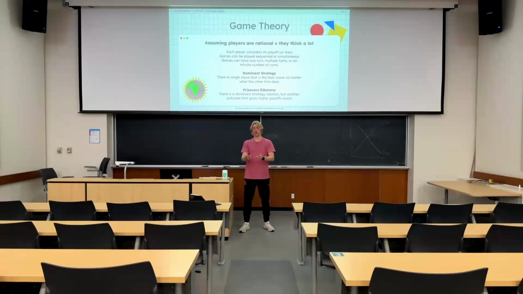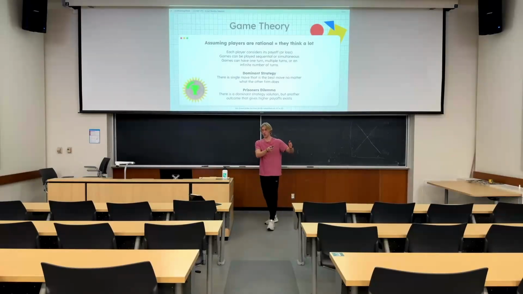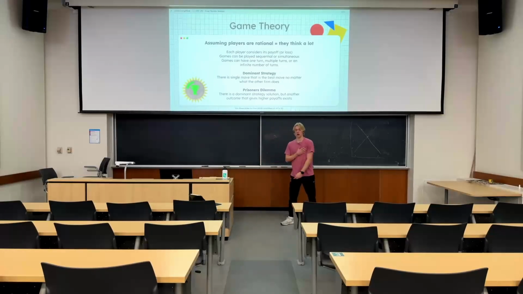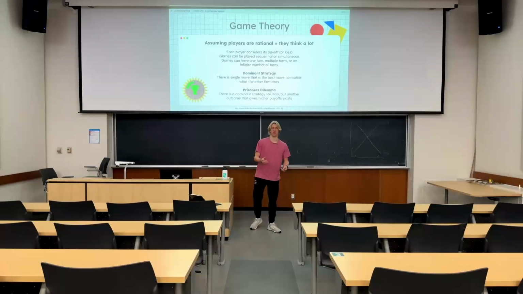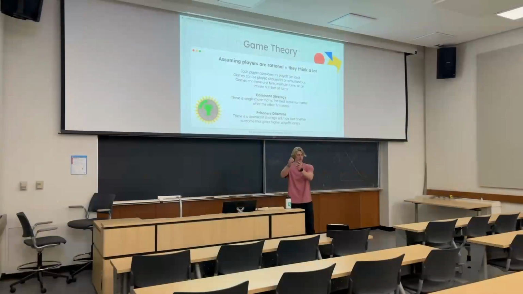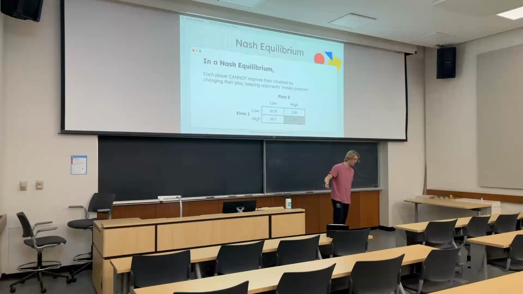But there exists another outcome that will give us both higher payoffs. So this is the prisoner's dilemma, where I want to rat you out and you want to rat me out, and then we both lose, as opposed to both cooperating, because we both have dominant strategies and there's a solution outside of that equilibrium that gives us both better outcomes. So that's the definition of prisoner's dilemma.